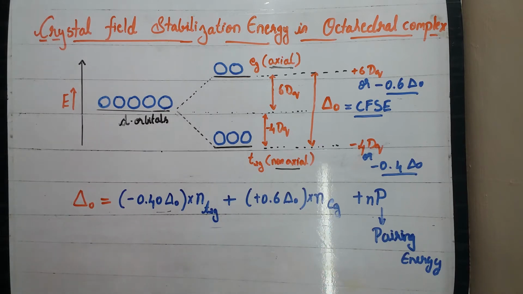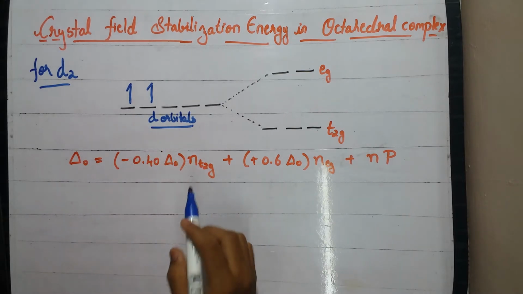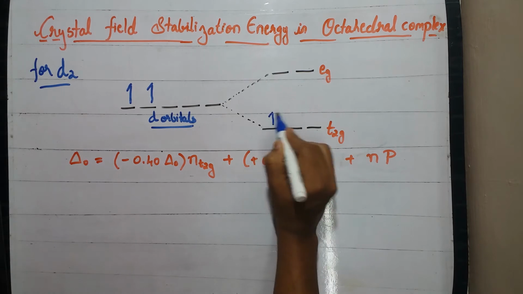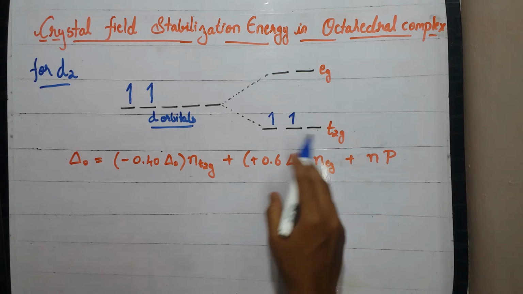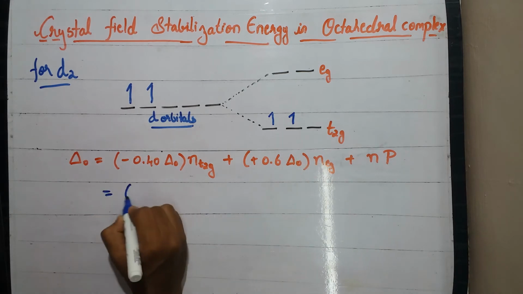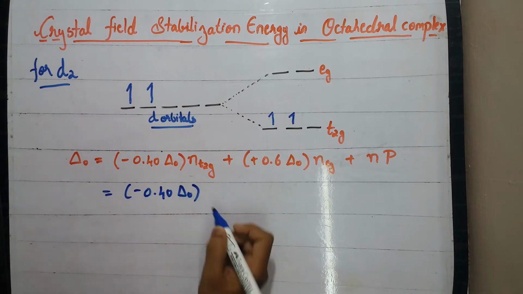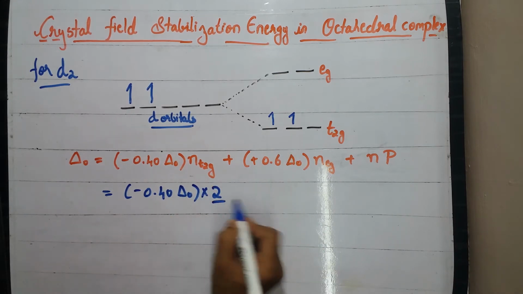Let us solve some problems so we can get an idea how to calculate the CFSE. So here, to calculate CFSE for d2, there are 2 electrons in the d orbitals. So we have to fill the T2g level. We have to fill in this way. So, minus 0.40 delta naught into the number of electrons in the T2g level, which is 2 electrons.